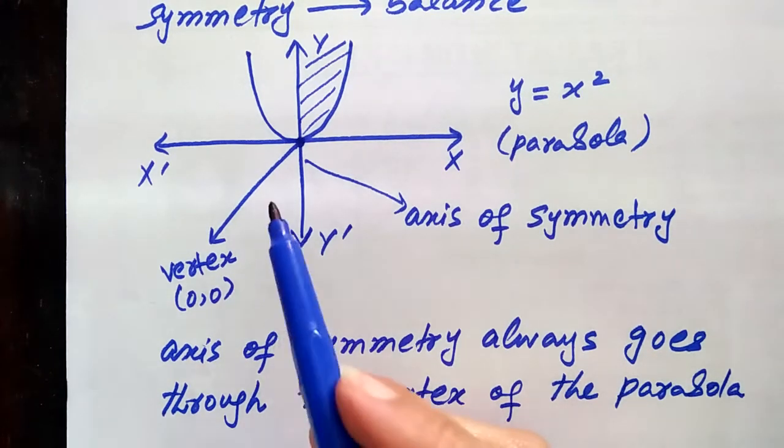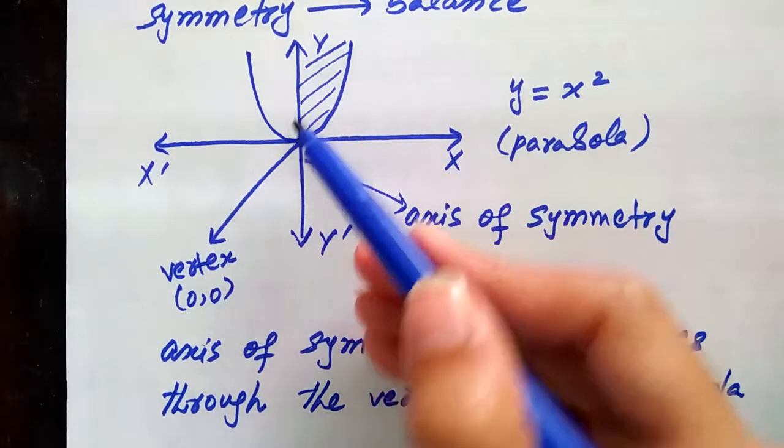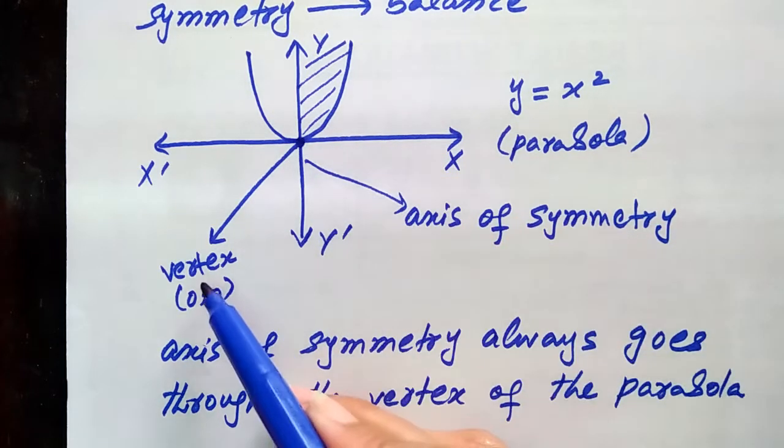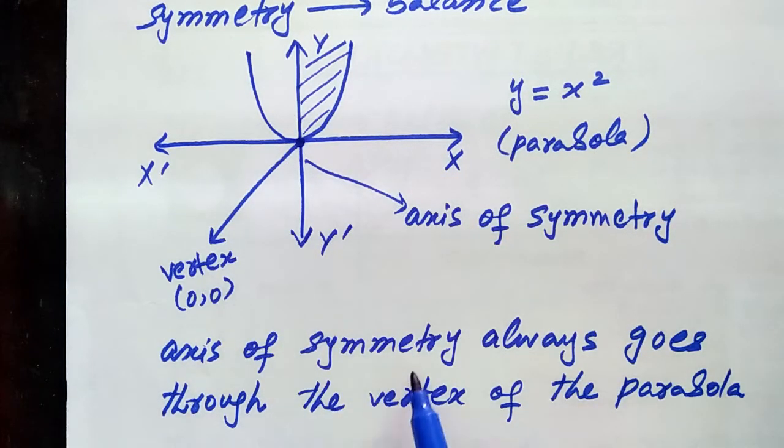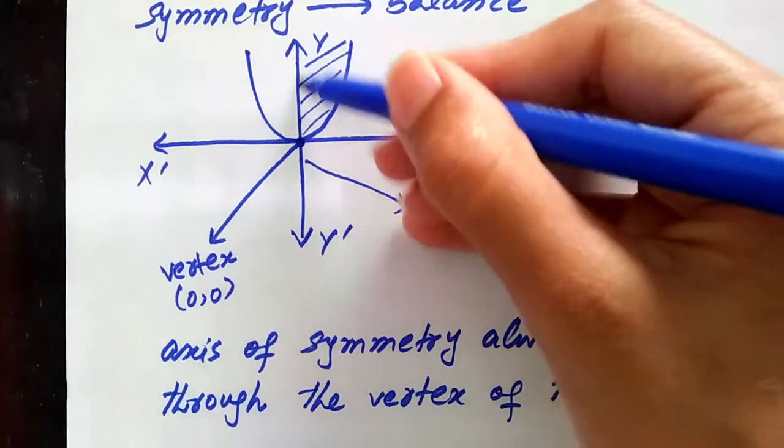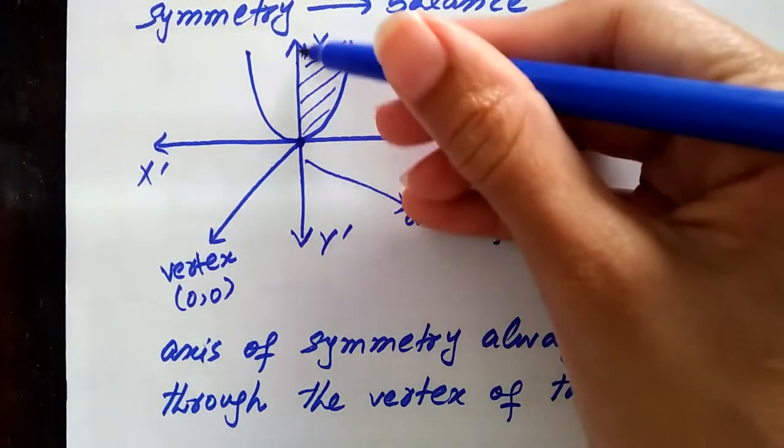So in a figure, we can also identify the axis of symmetry through its vertex. Basically, the axis of symmetry passes through the vertex of the parabola.